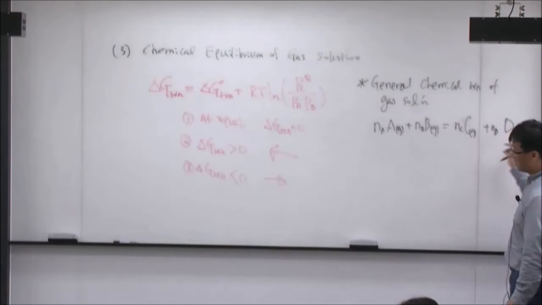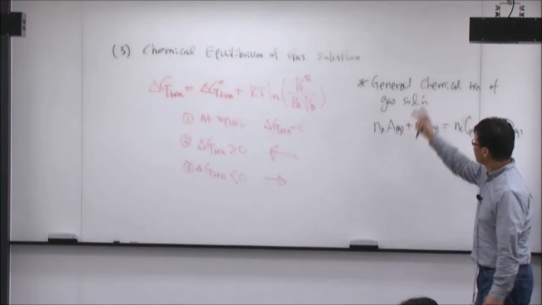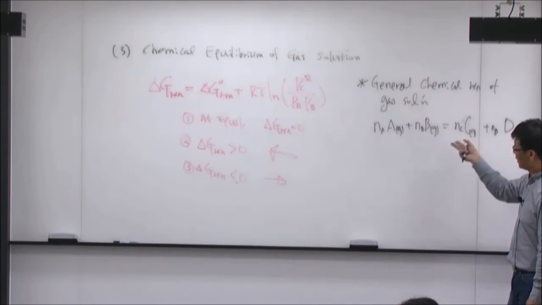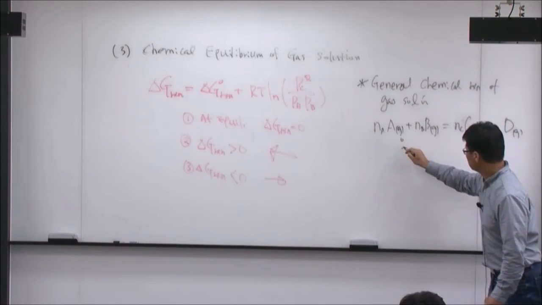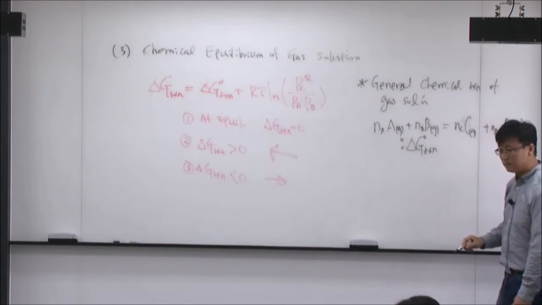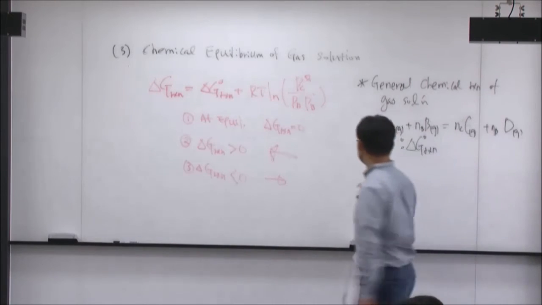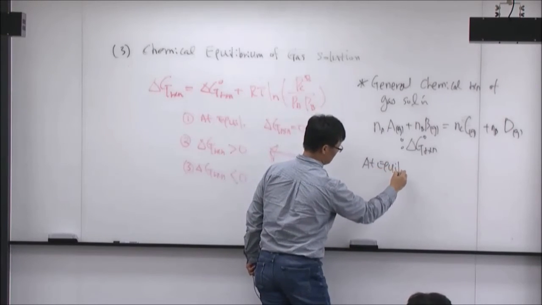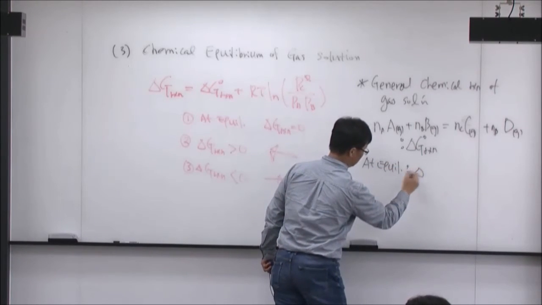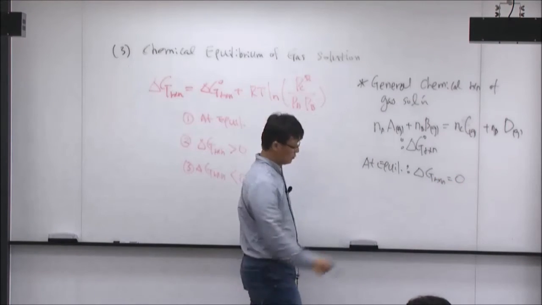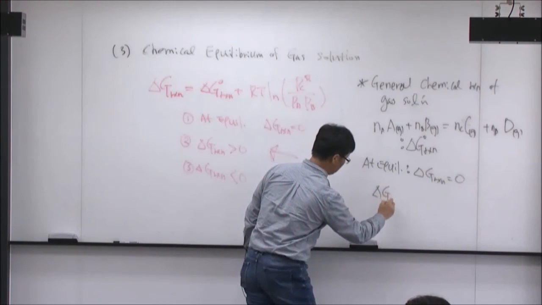So let's assume inside my gas phase I have A, B, C, D, and A, B, C, D have a chemical reaction like this, and I know this delta G naught of reaction. At equilibrium state, my delta G of reaction equals 0.